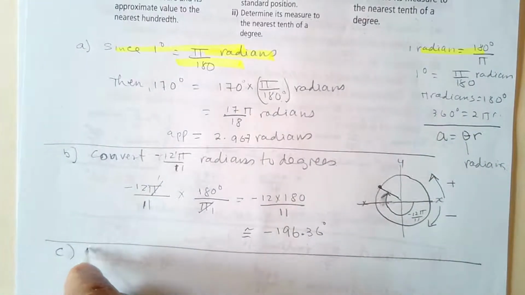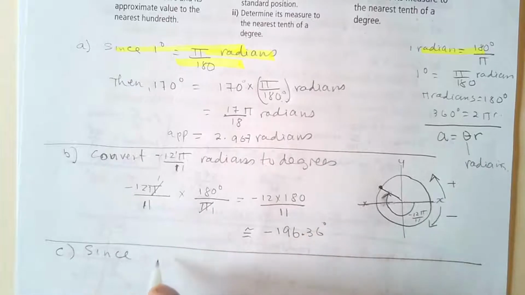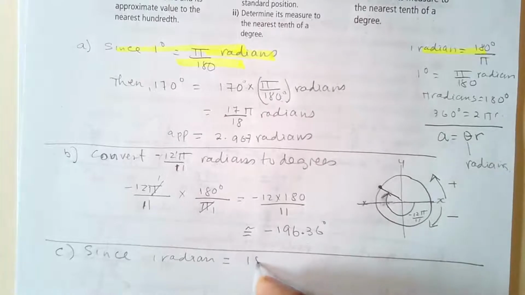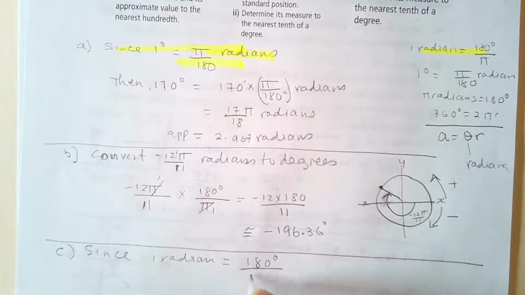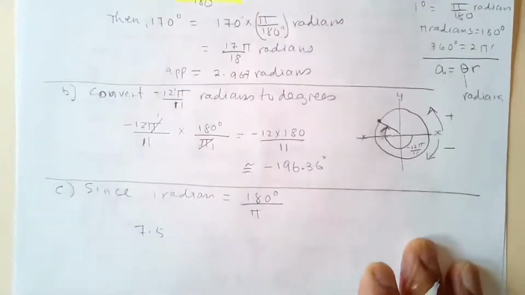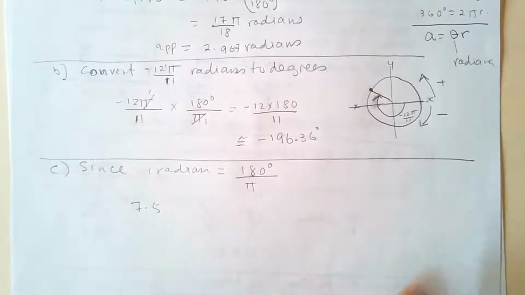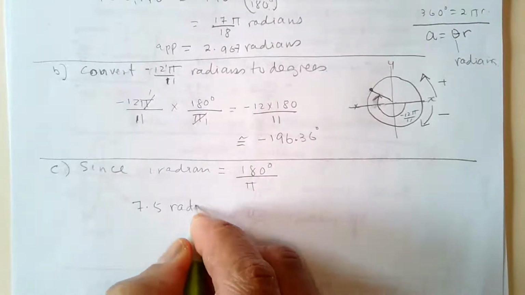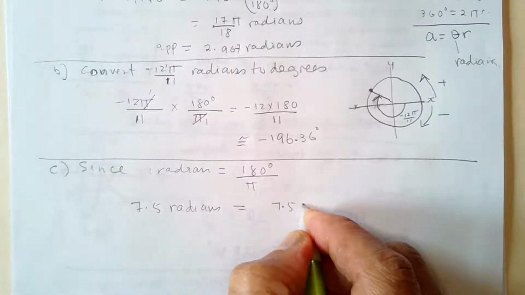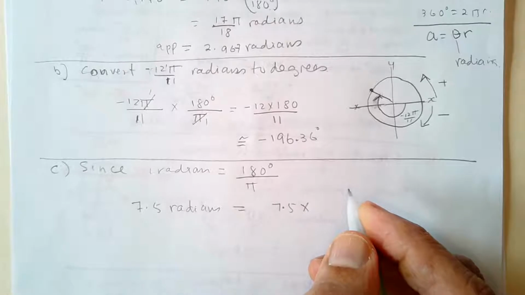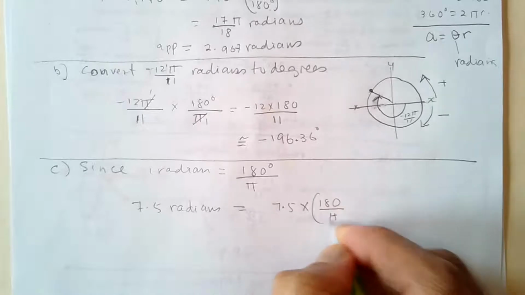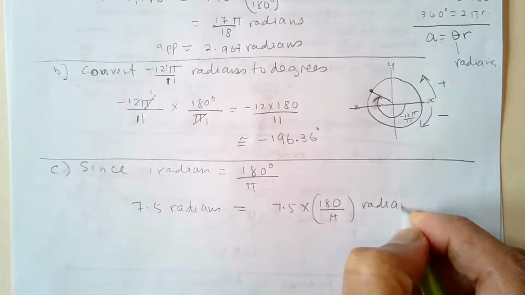Since 1 radian is equal to 180 degrees over pi, 7.5 radians is equal to 7.5 multiplied by 180 over pi.